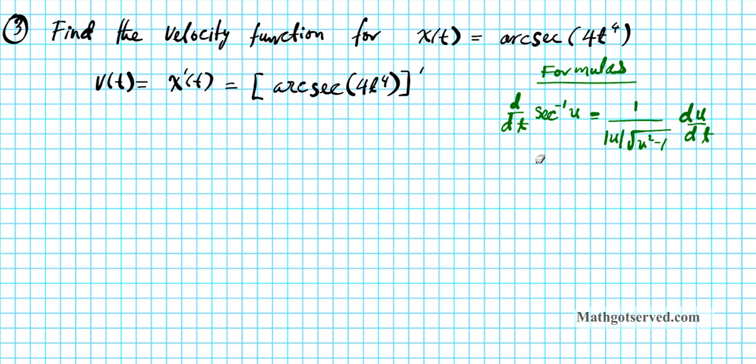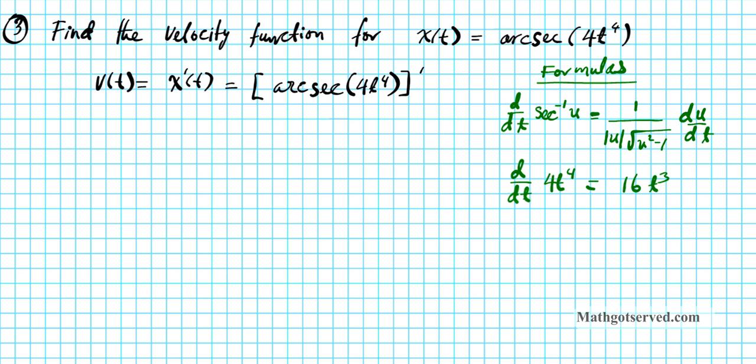When we differentiate the innermost function, d dt of 4t to the fourth, we just use the power rule, and it's going to be 16t to the third power. You don't need the chain rule for the innermost one. If I multiply this by that and substitute the value of u into that, that will be what the derivative will be.